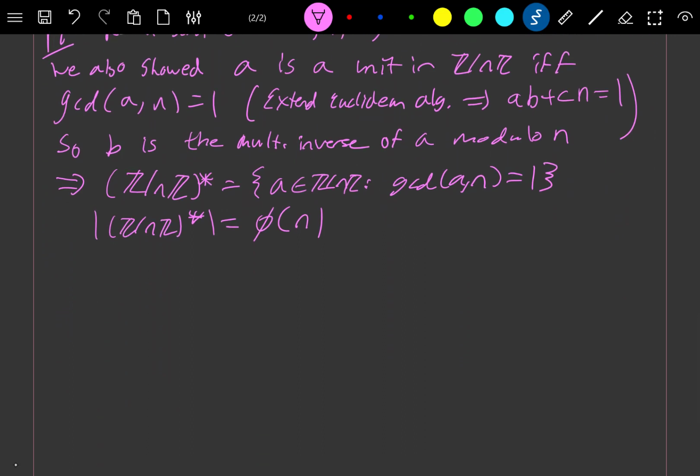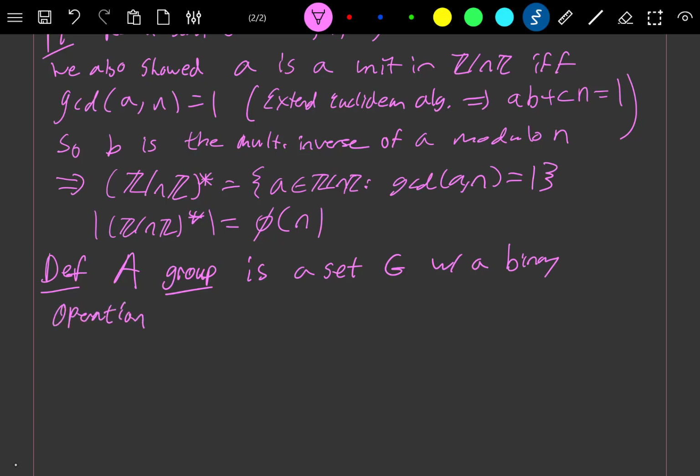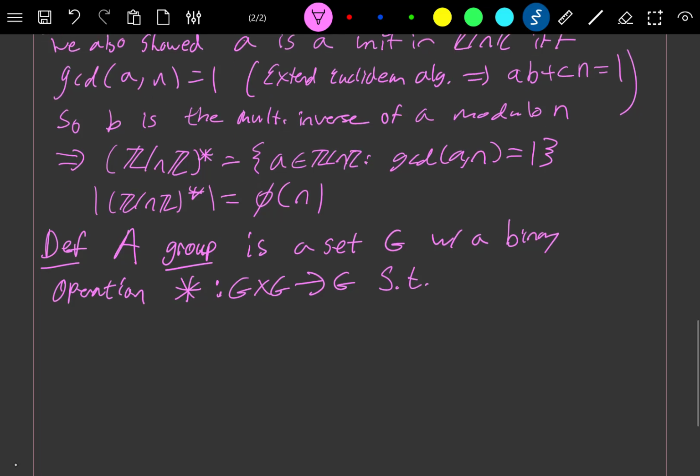Now let me define what a group is. A group is a set G with a binary operation, so think of it like a multiplication, and usually we denote it by star or something, from G cross G to G. So all you're doing is multiplying two elements, such that the following axioms hold: 1, 2, and 3.